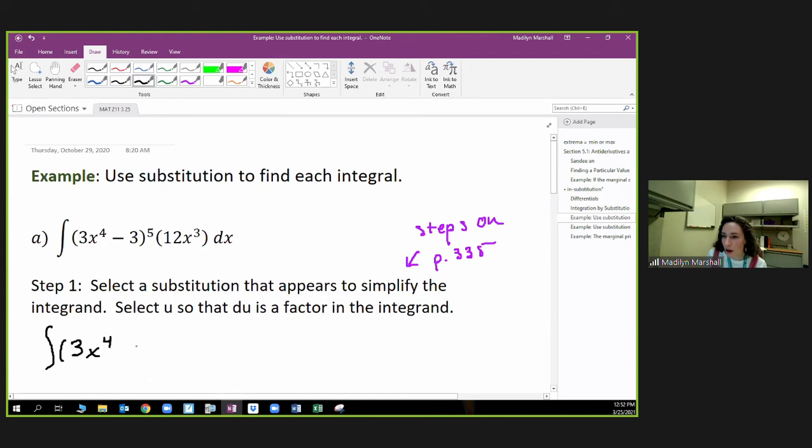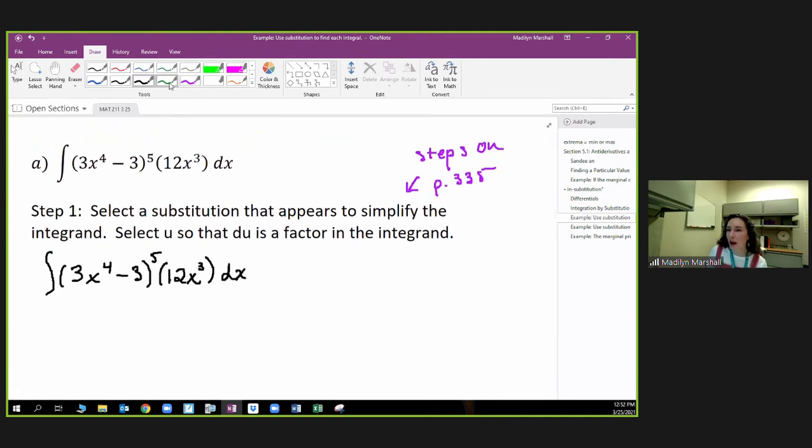We have this sort of complex stuff to start out with. There's these parentheses with a bunch of stuff in them and the 5th power on the outside. And then we also have a little bit more multiplied, that 12x cubed. So the thing that we're always looking for when we do substitution is to notice that this 12x cubed is the derivative of this inside part.